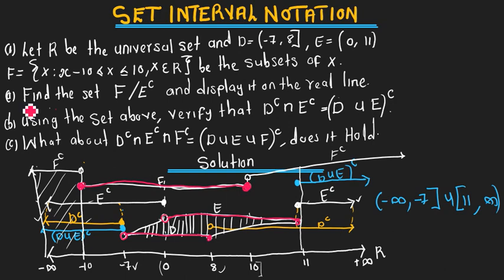The union of everything is going to come from here all the way to where E is going to end, like that. This region here. So it will be this set, the set F union E union D, which we are looking for.